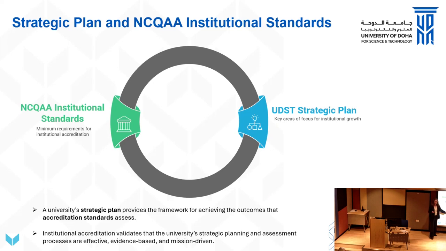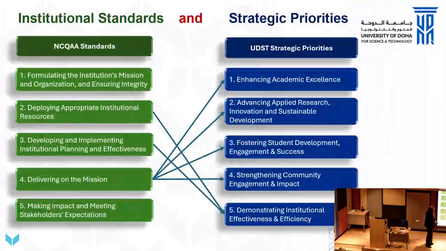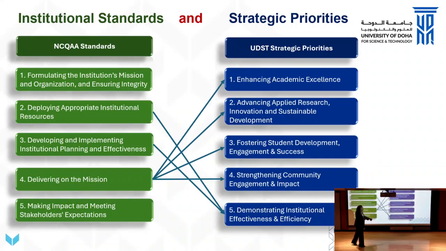It's kind of like the cycle that you see here. And this slide just maps it a little bit more closely. So if you look, you've got these different standards and how they map to the different strategic priorities in our strategic plan.